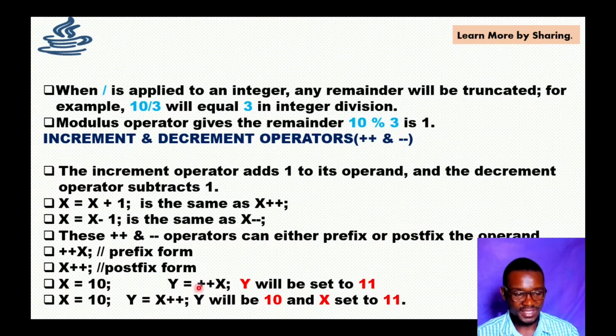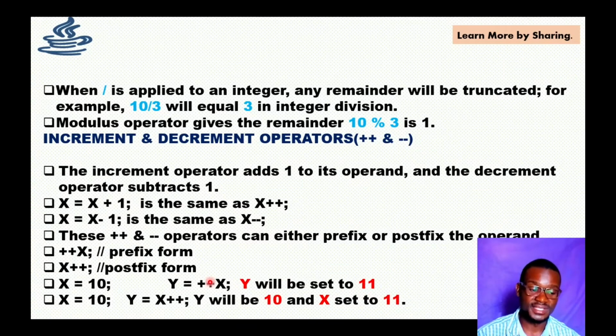So you prefix increment x, which is 10, as we know here. So the value of y in this case will be 11. So that's how you can use the prefix, meaning the increment is done before.